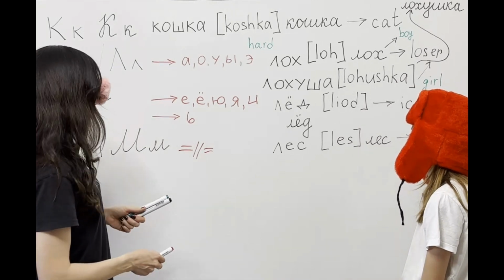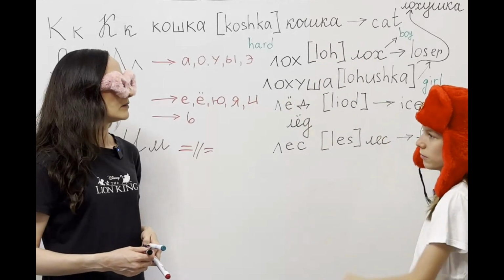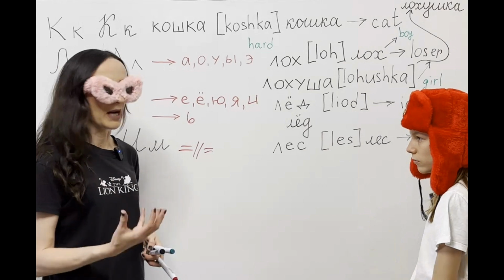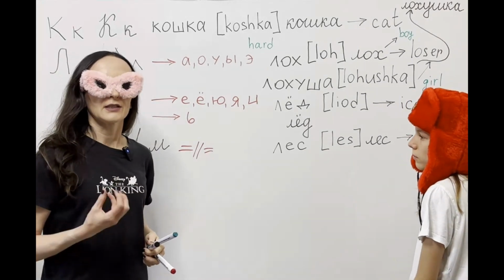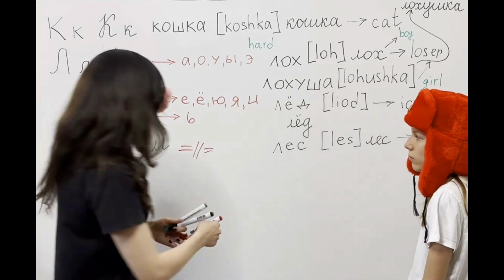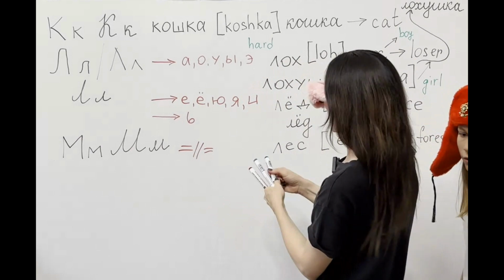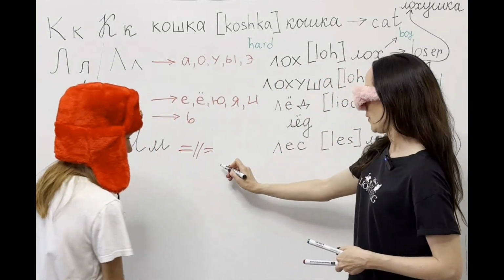The word where it is hard is Мед. No, it's not hard, it's soft. Мама shows that it's hard. Мама is a mom. Easy to remember. Such a warm word.